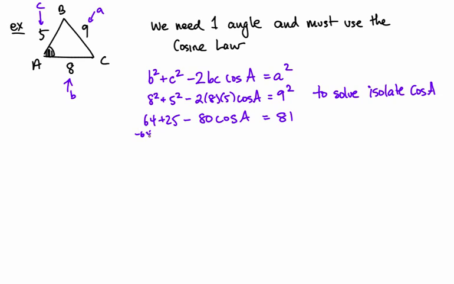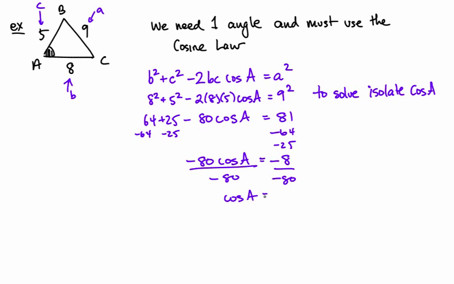So I subtract 64 on both sides. I subtract 25 on both sides. I end up with minus 80 cosine A. These are multiplied, and I subtract and get minus 8, dividing both sides by negative 80 gives me 8 over 80, which is the same as 1/10 or 0.1.